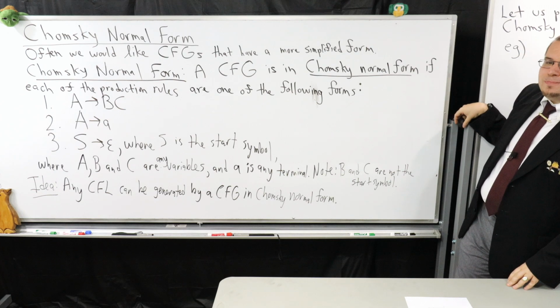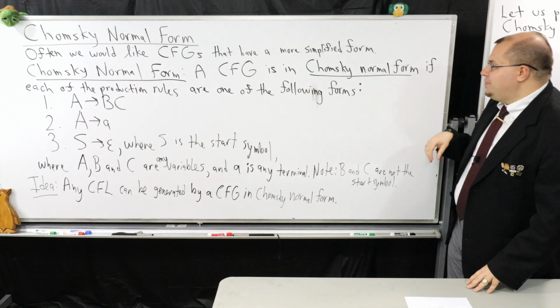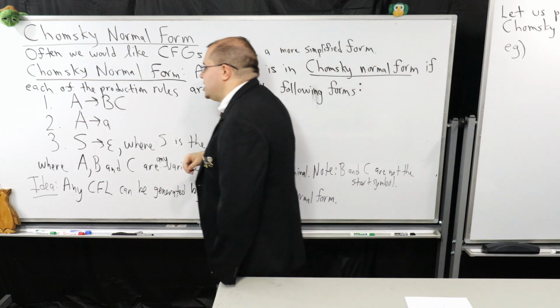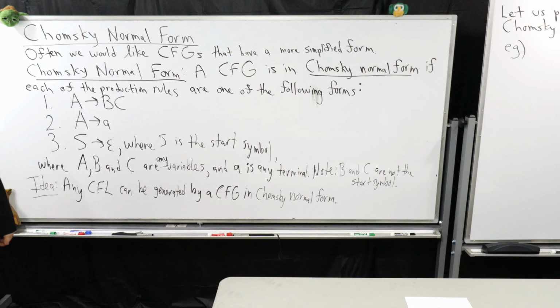This is one of the simplest among useful simplified forms of context-free grammars. And the definition isn't really too complicated, but I want to explain briefly after I do this why you might consider this form. So imagine I'll tell you that a context-free grammar is in Chomsky Normal Form. If you're wondering who it's named after, it's named after Noam Chomsky. This is from the late 50s, early 60s.